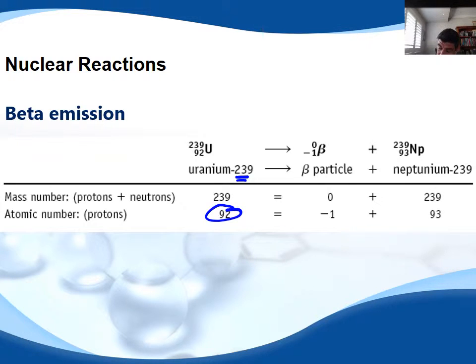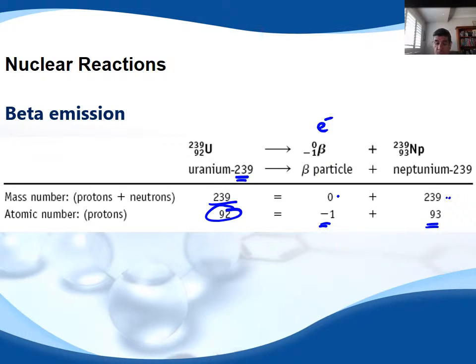And so in this case, we need to again look at the numbers that we have on the left, 239 and 92. And we need to make sure those numbers are balanced on the right. Now, a beta particle, being an electron, has a negative charge and no mass. So it means that our mass will be the same, 239, 239, but our atomic number, our charge, will actually increase by 1 and move up to 93.